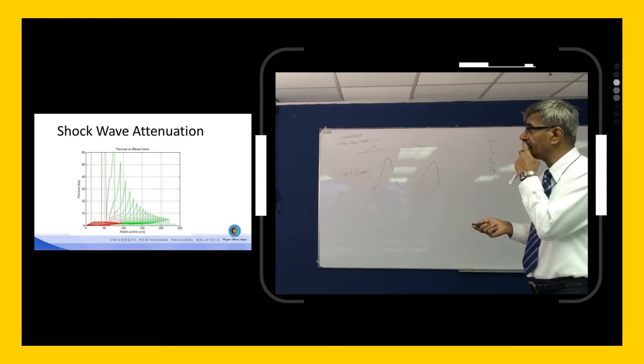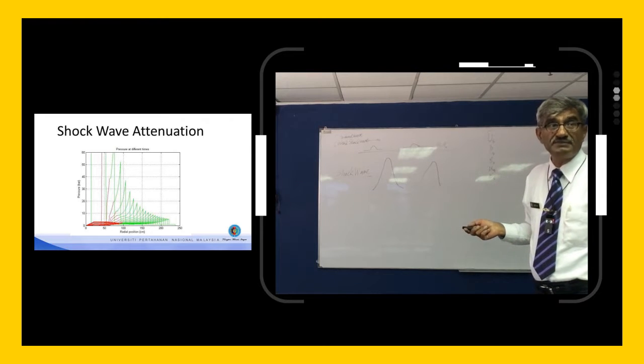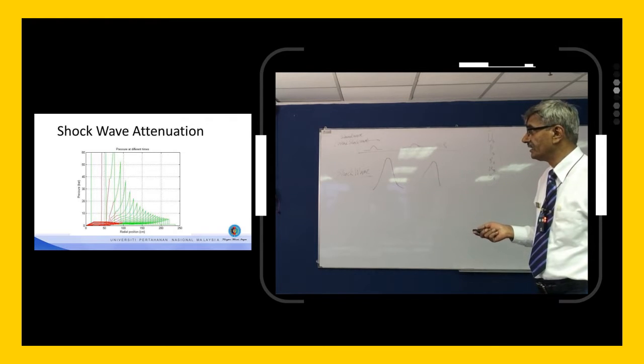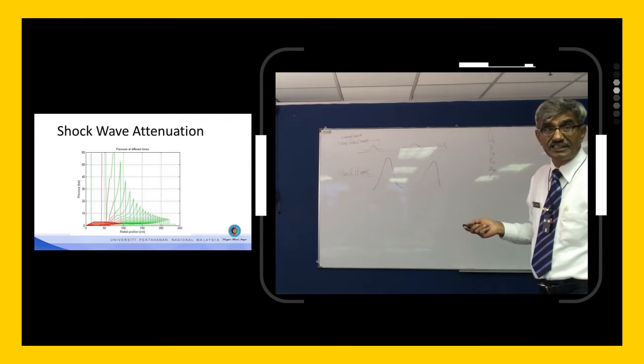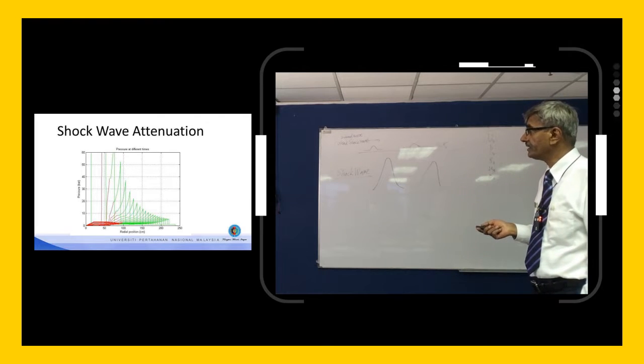Now this is quite visible. We see the strength is about 50 bar, 50 atmospheres. After 0.1 millisecond, you see the strength has gone down, and further down and further down. The drop in strength is quite rapid.